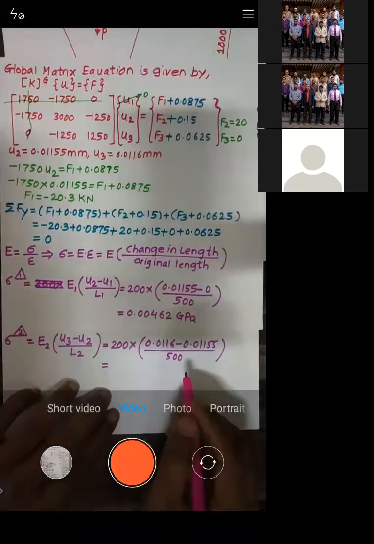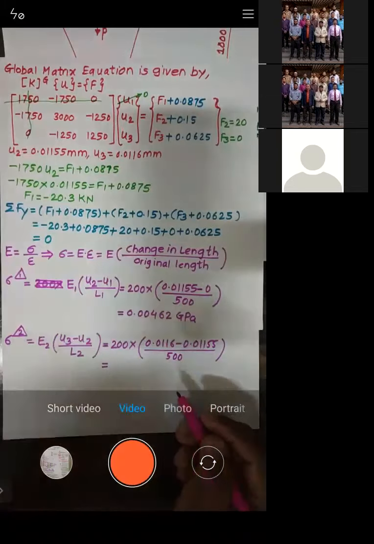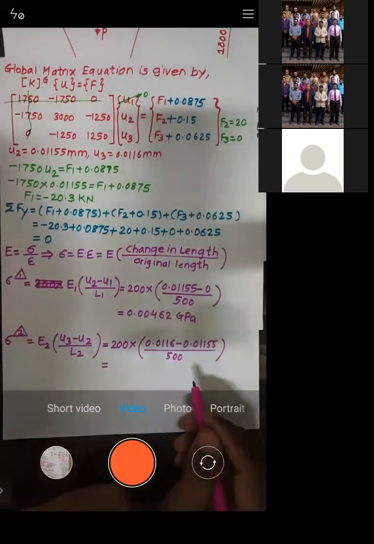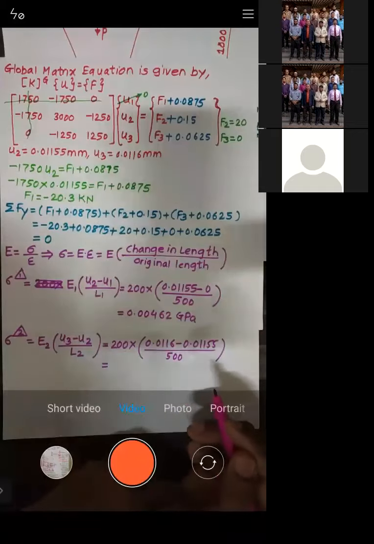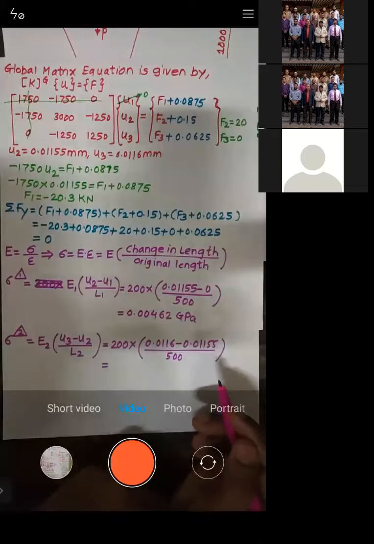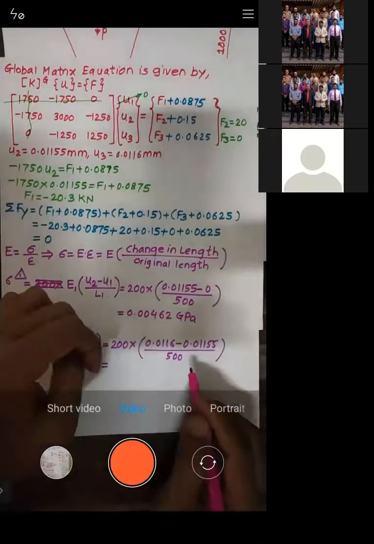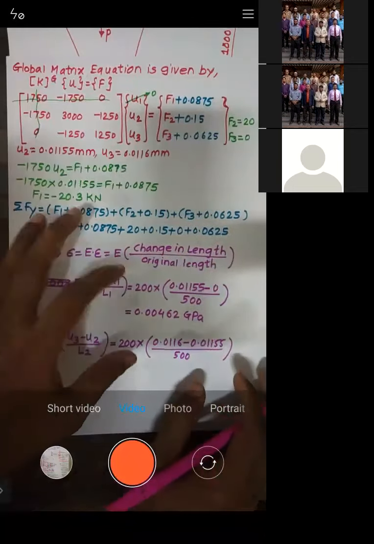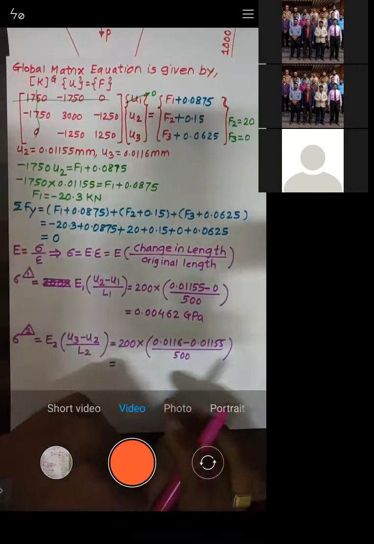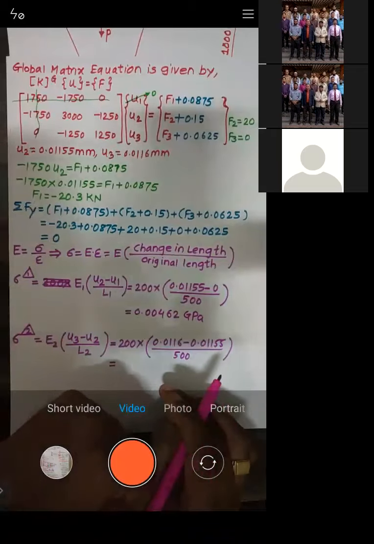Just check it. How much are you getting? 8. You're getting plus or minus? Plus value, right? Just tell me the value. Just tell me the single answer which is correct.